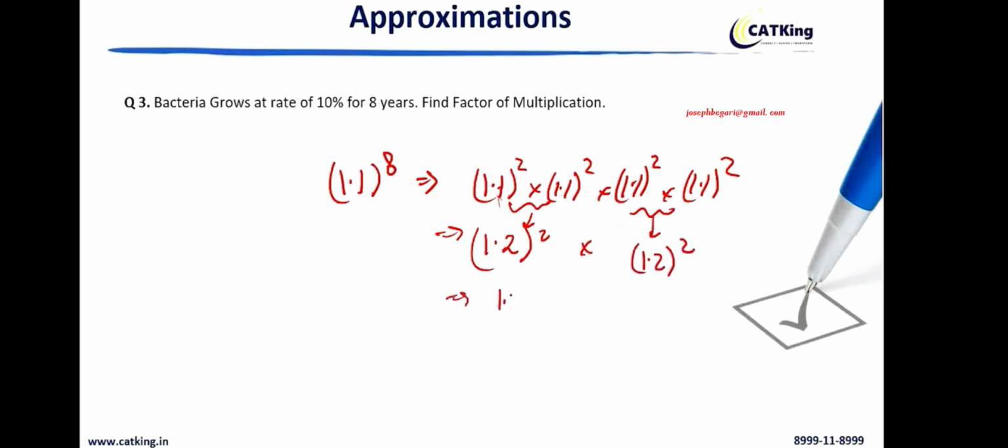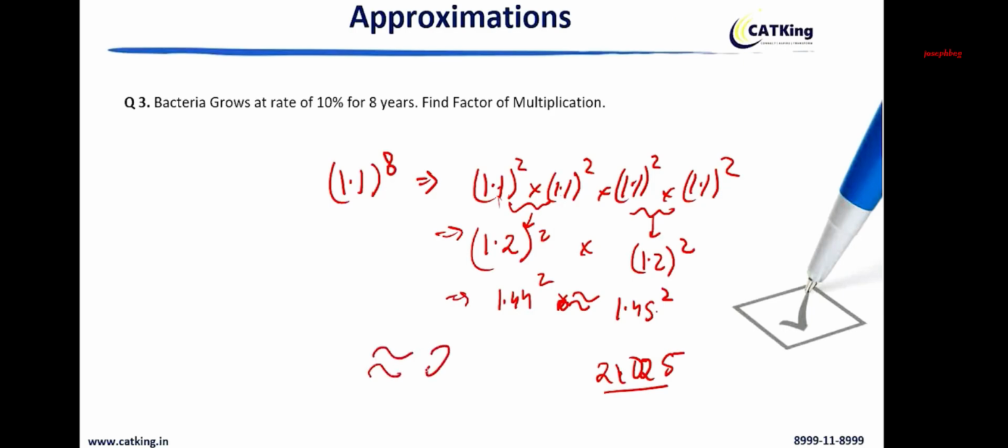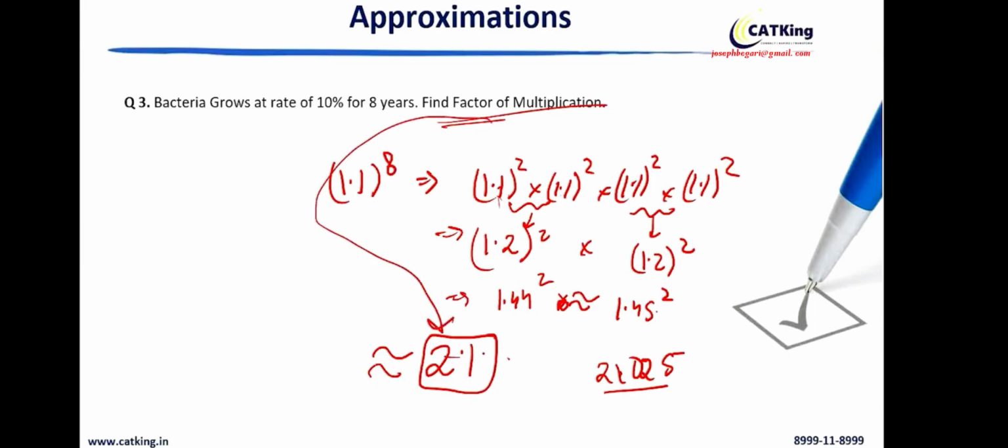What is 1.2 square? 1.44, right? Into 1.44, that is 1.44 square. I can approximate it to 1.45 square. Why am I approximating, guys? Because ending in 5 is easy to calculate. What is 5 square? 25. What is 14 into 15? 210. So your answer is 2.1025, or by approximation the answer is 2.1. So the factor of multiplication is 2.1. I hope this is clear to you, right?